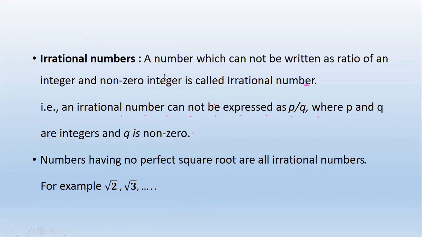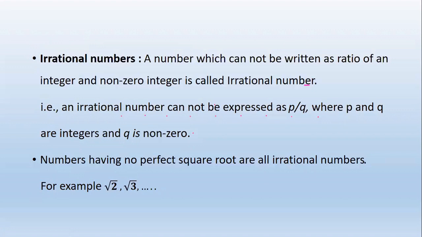Irrational numbers. A number which cannot be written as a ratio of an integer and a non-zero integer is called an irrational number. That is, an irrational number cannot be expressed as p by q, where p and q are integers and q is non-zero. If any number can be expressed in the form p by q, where p and q are integers, then it is a rational number.